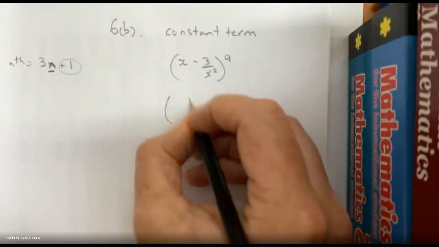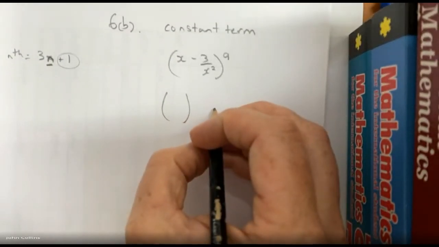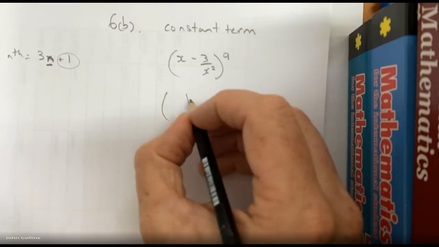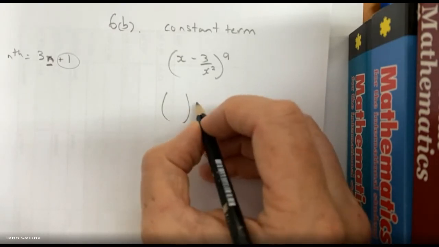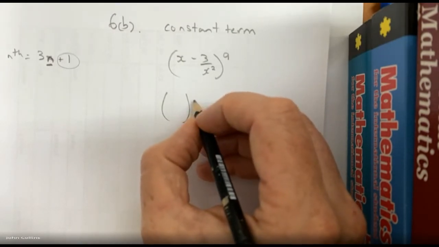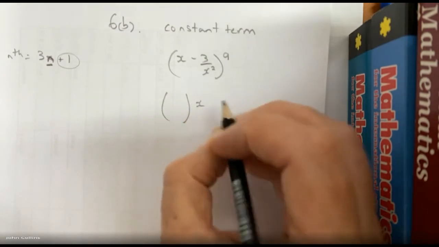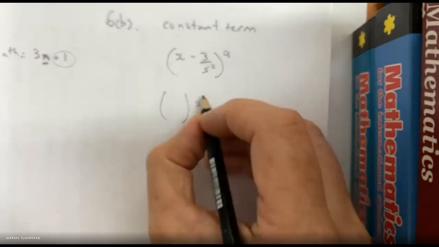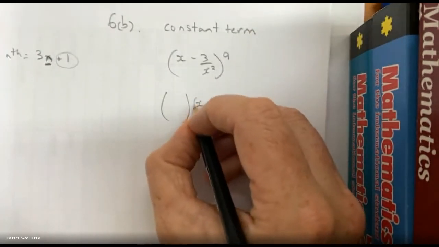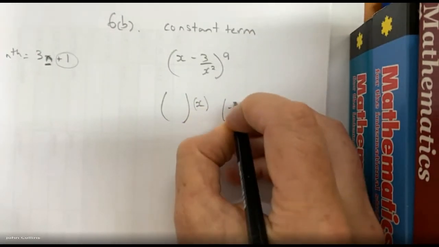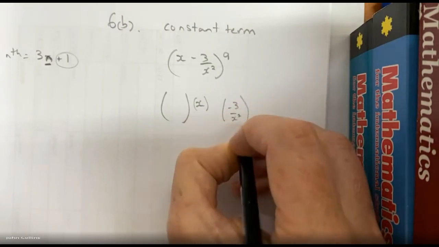So we can look at the general term. Now that we have that as part of our weapons, we can use that. Or it's a real logic type question. It's x, going to be to the power of something, and the minus 3 over x squared is also going to be to the power of something.